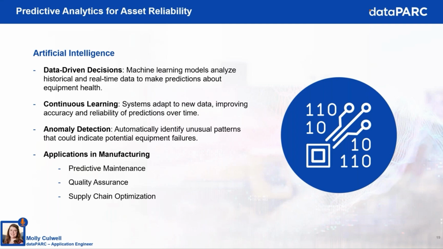So in some cases, once these AI models have done some learning, they could detect a new pattern and say, hey, this isn't right, and output a higher anomaly value because it doesn't recognize this pattern. Some applications of AI in manufacturing, of course, include predictive maintenance to forecast equipment malfunctions and help us schedule maintenance to prevent downtime.